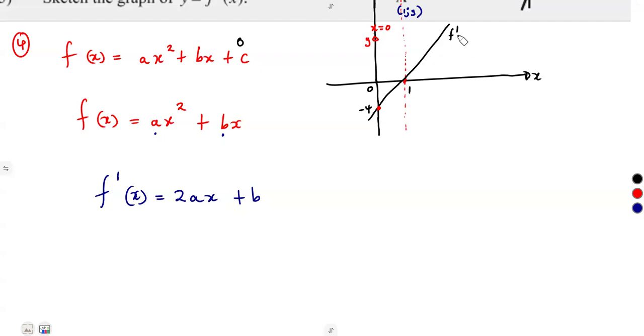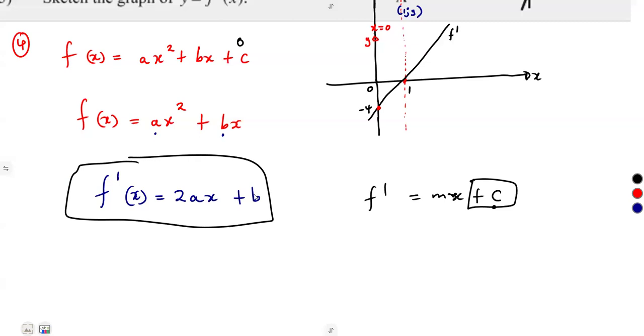This is the graph of the first derivative, which is linear: y is equal to mx plus c, where c is the y-intercept and m is the gradient. We have that the y-intercept there is -4. What represents the y-intercept on our first derivative here? It's b. That's our y-intercept.